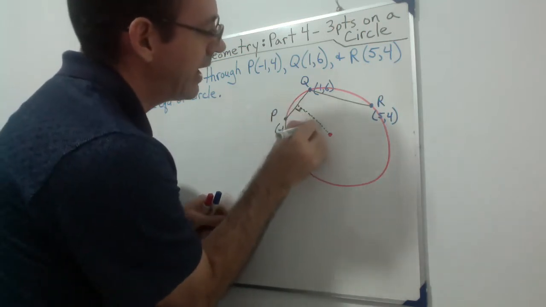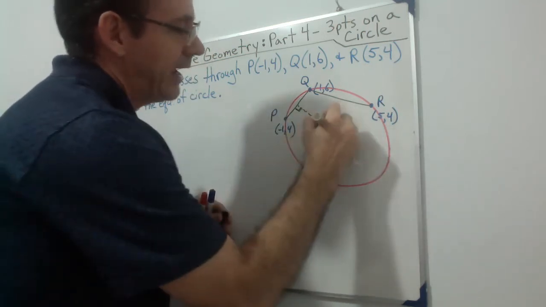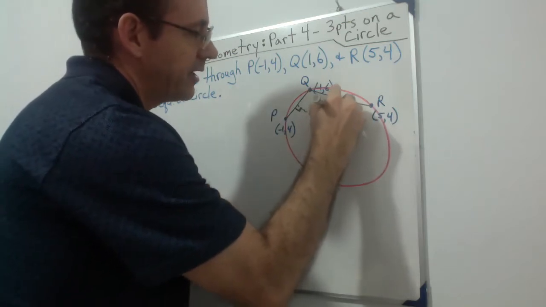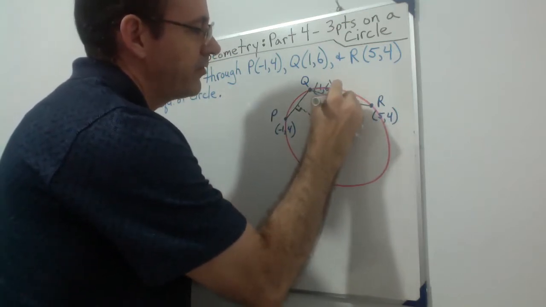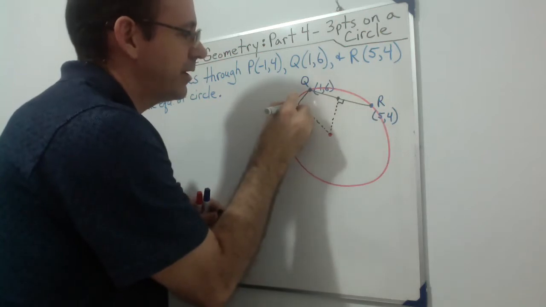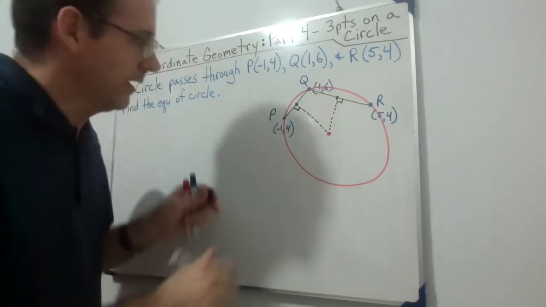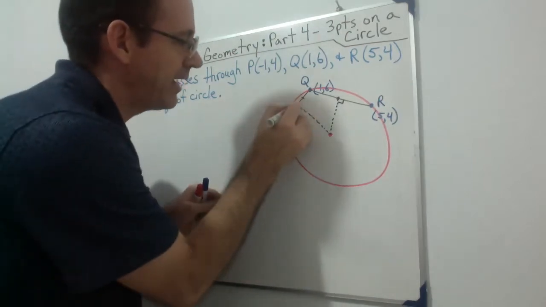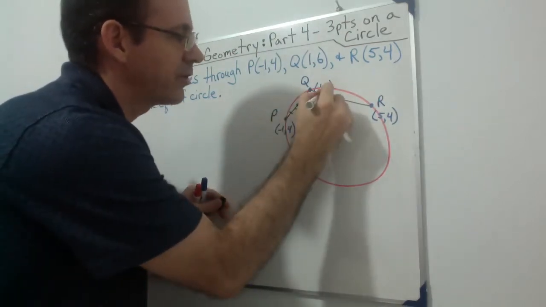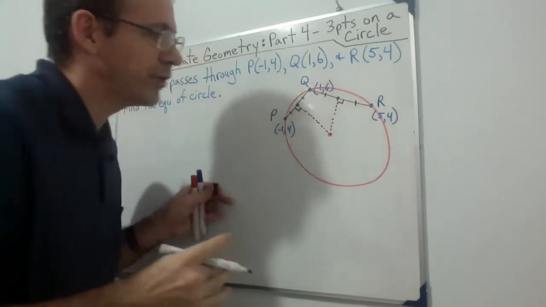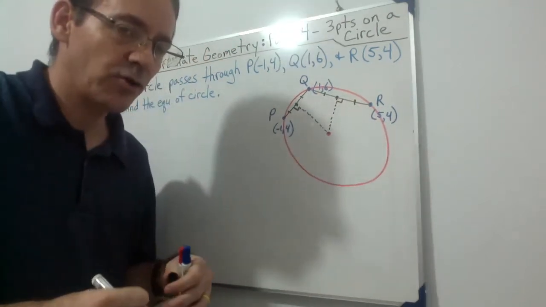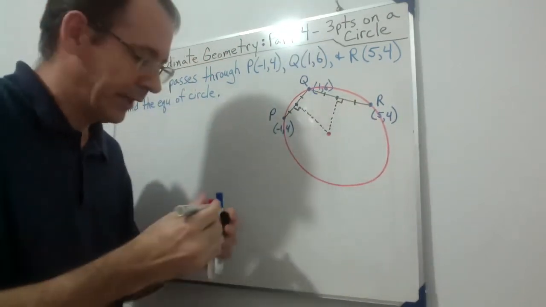So here we have it here, and we're going to also do it to this one up here. And in order to make sure that those are indeed perpendicular, we need to make sure that we are bisecting the chord. And to make sure that we're bisecting the chord, we need to find the midpoint.